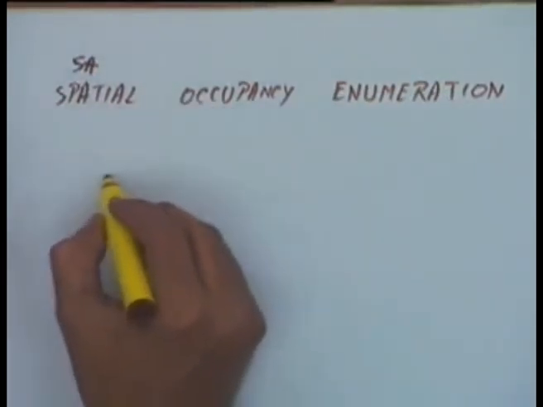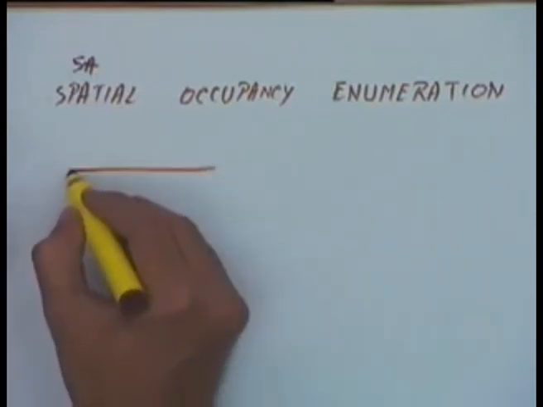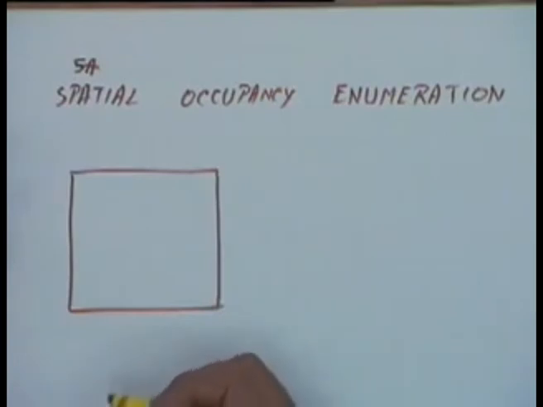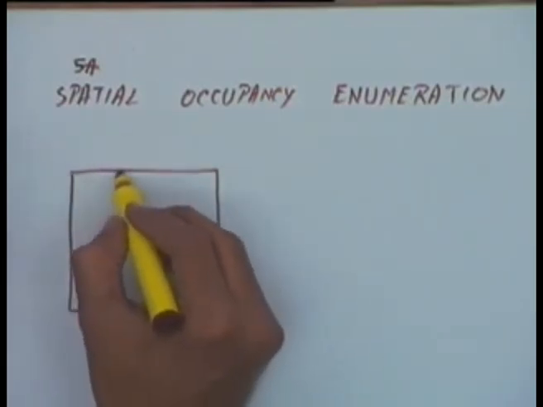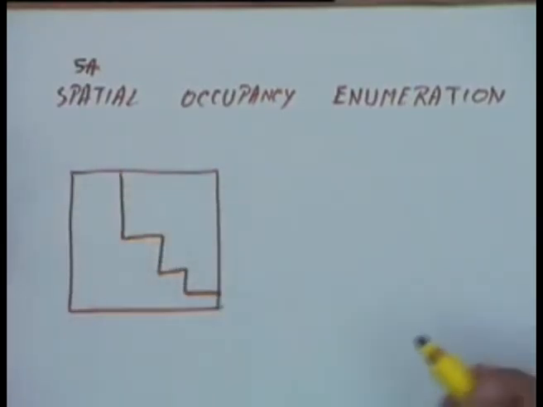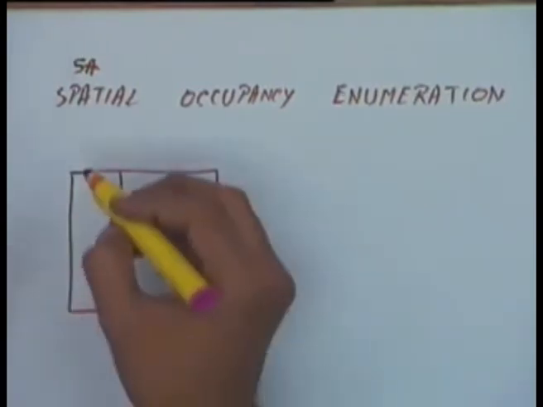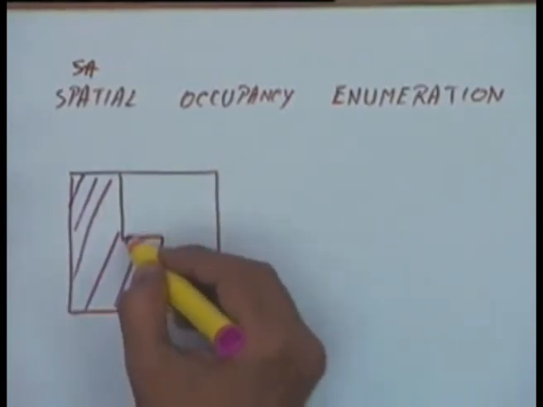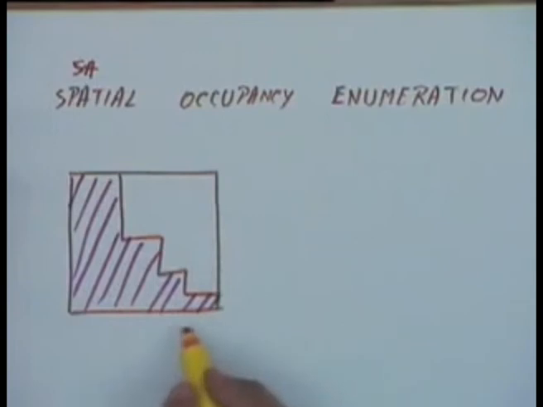For instance, let's say this is a square and my object is something like this. That means the surface that I want to represent is just this surface. The outer square that I have drawn is just the limits of this surface.